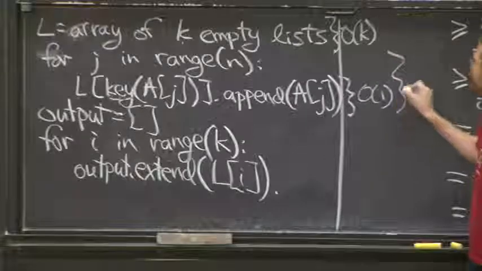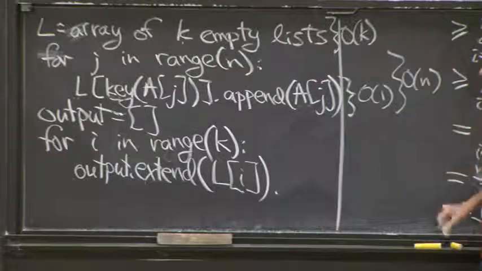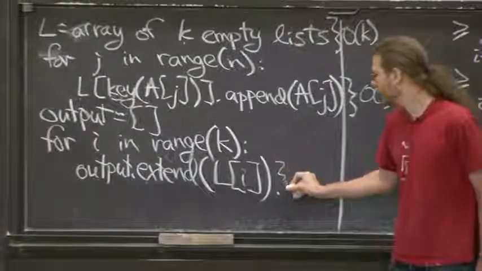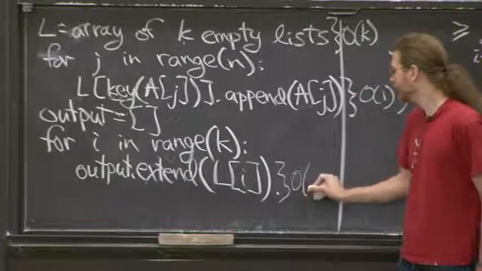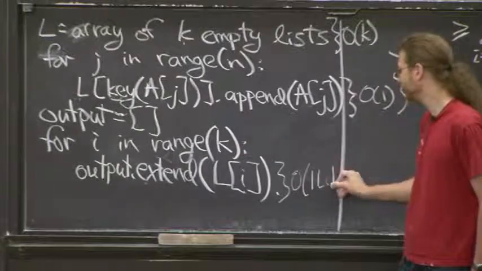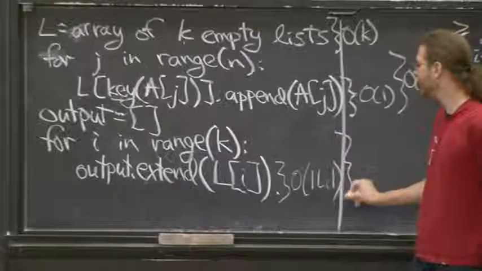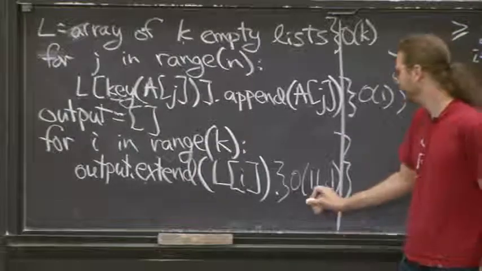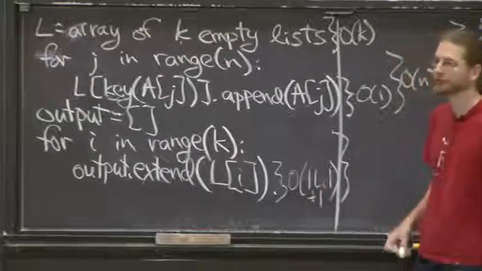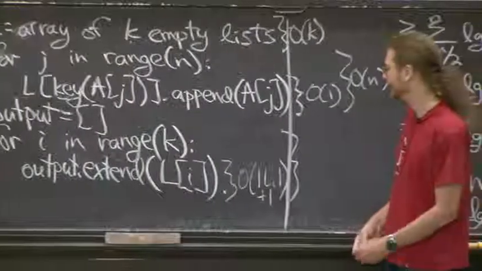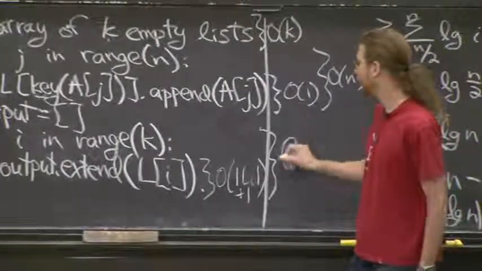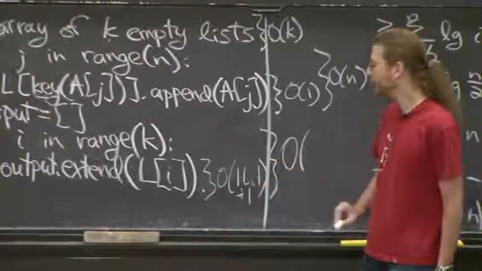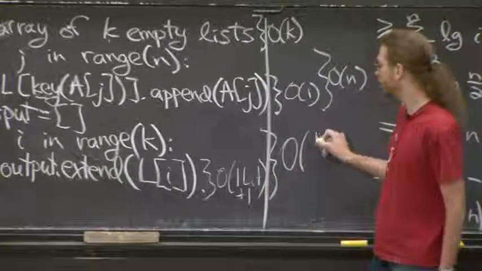So total time here is order n. And this thing, well, this takes basically the length of Li time. And so when you add it up, maybe +1, because to look at an empty list, you still need to look at it. So you add it up, and you get order sum of all the Li's is all the items.